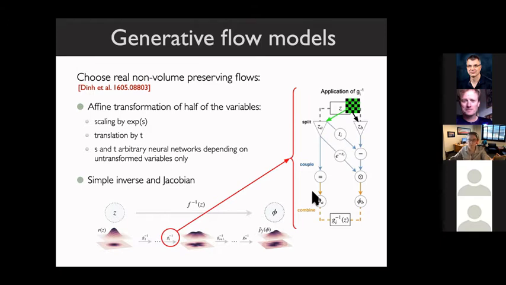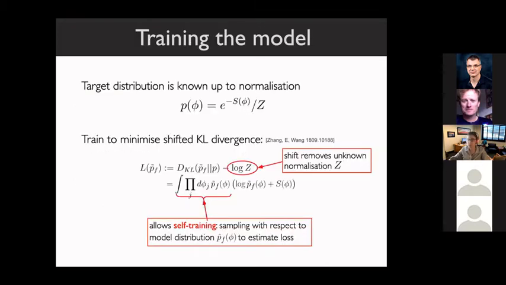You can also train this without needing samples from your distribution. Since you know the target distribution up to normalization, you can write down a shifted Kullback-Leibler divergence, which is defined here, which is a measure of the difference between your distribution of interest, which is P, and your model distribution, P tilde.